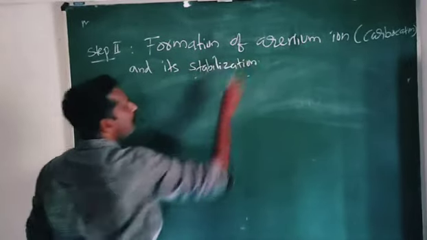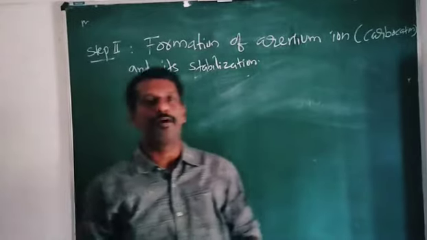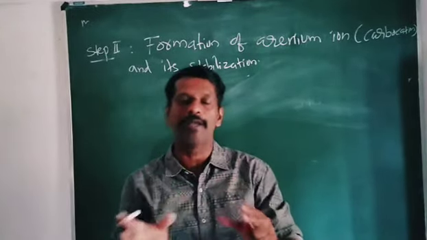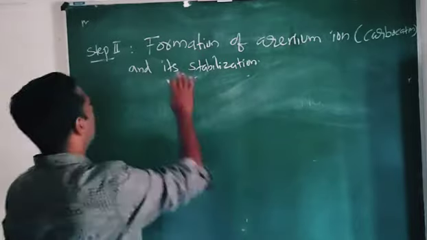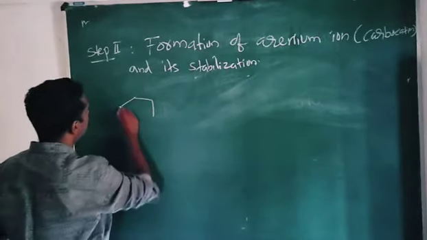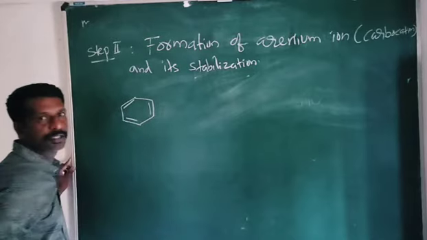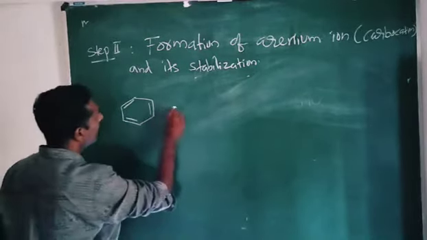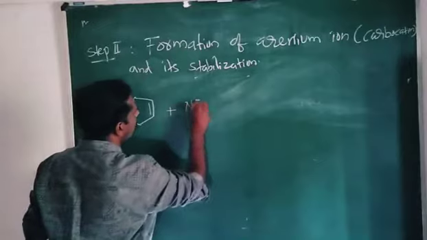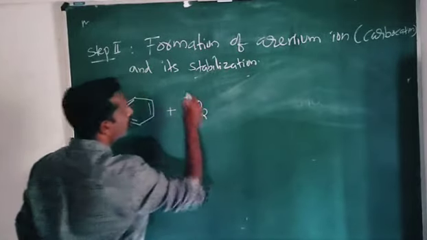Once the electrophile is formed, what will happen? This electrophile will attack the benzene ring. Look at it here. Here is our benzene ring, and this is our electrophile, NO2 plus.